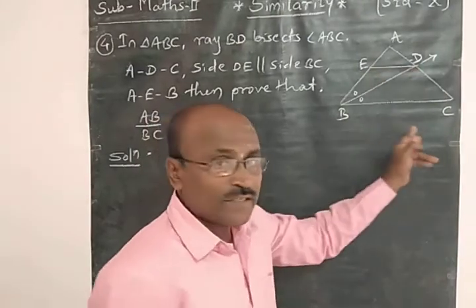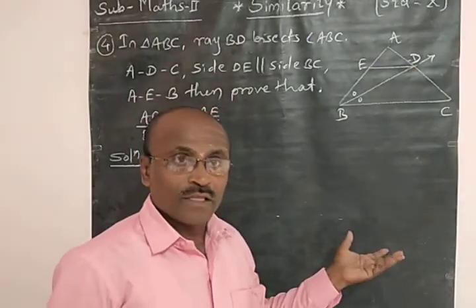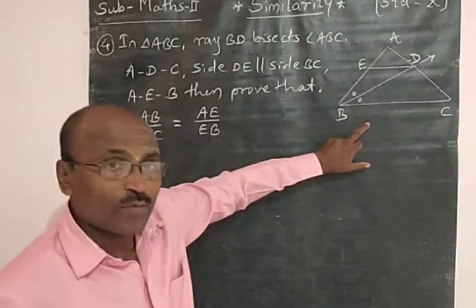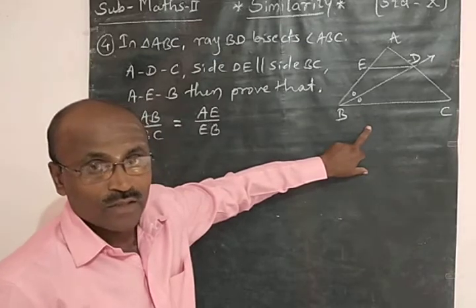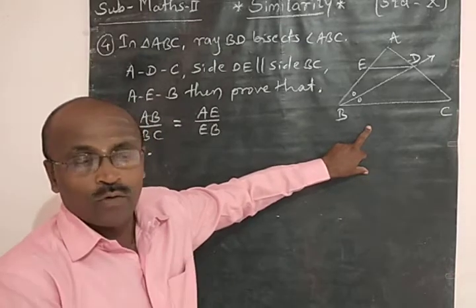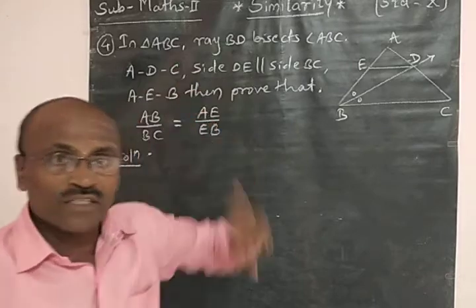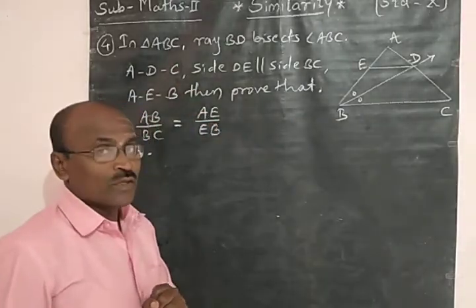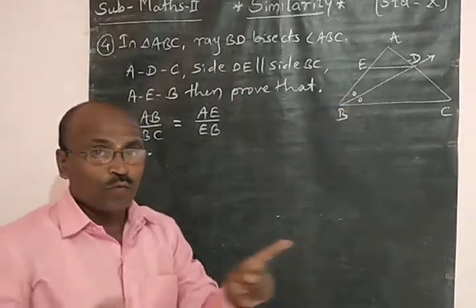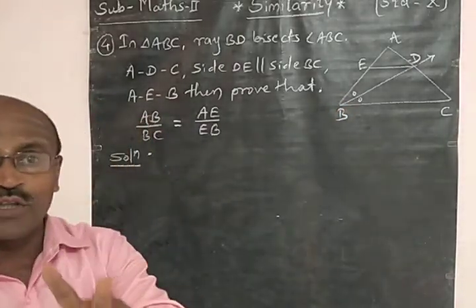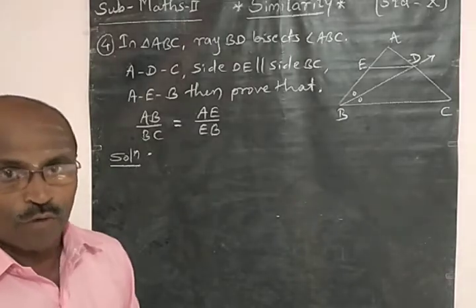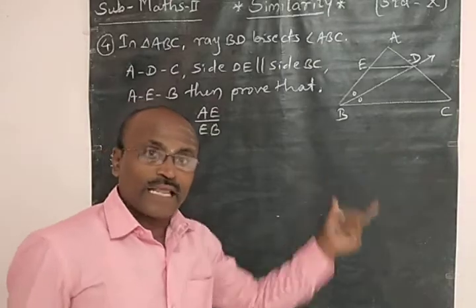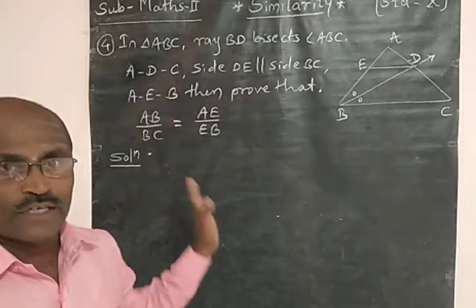If in a triangle one segment is parallel to any one side of the triangle, then we have to use the first property, that is the basic proportionality theorem. So in this example we have to use both the properties, property of angle bisector of a triangle as well as basic proportionality theorem.